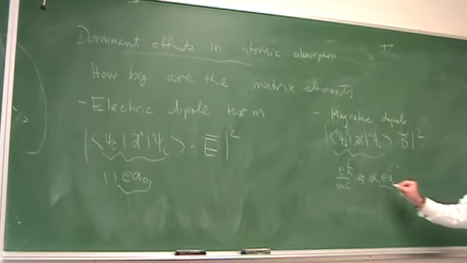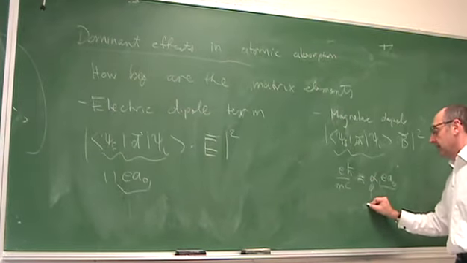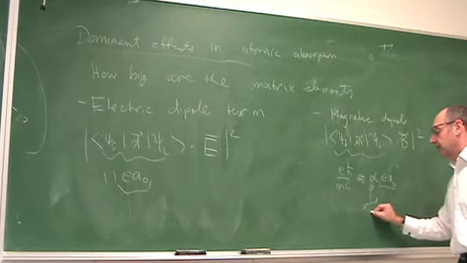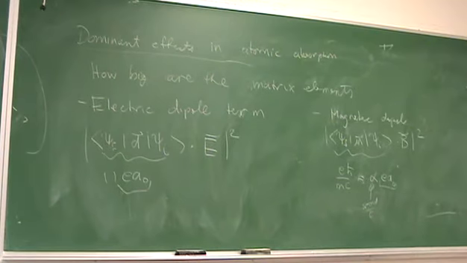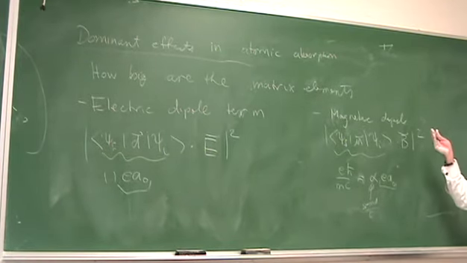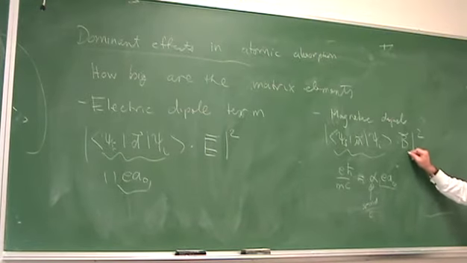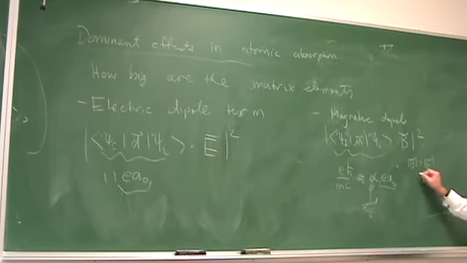Remember, this is the speed of the electron in units of the speed of light. So it's smaller by that amount. In CGS units, the magnitude of B is equal to the magnitude of E for a plane wave.